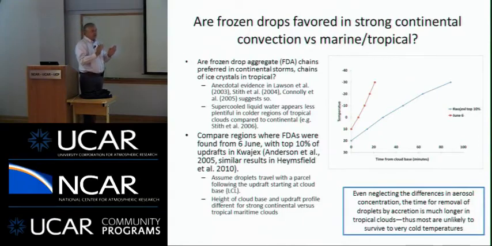Looking at their data for the tropical cases, the cloud base is around -20. If you were to follow a parcel, assuming it actually rose with the average vertical wind, the time to reach 0 is over 20 minutes, and getting to -10 or so gets to be really long.